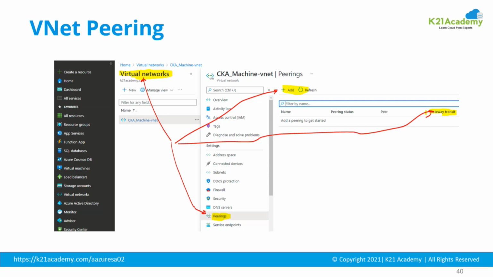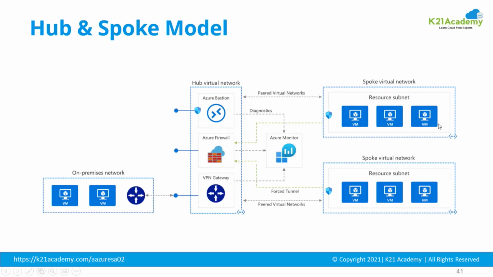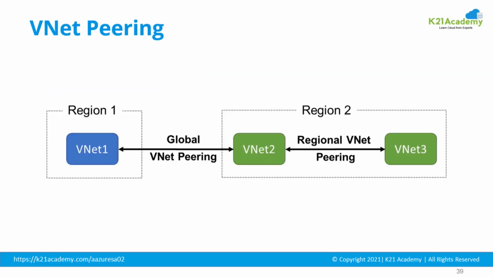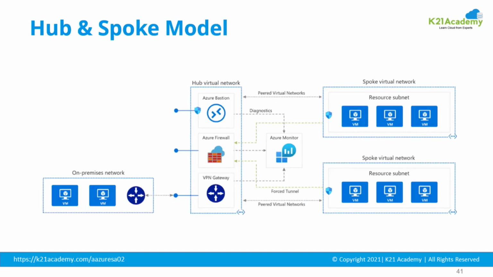Now, there is one more property called gateway transit, which I'll explain in a minute. But before that, I hope you're clear with VNet peering, which is connecting two networks. Now, you can have more than two networks as well. So let's assume you have network 1, network 2, and network 3.